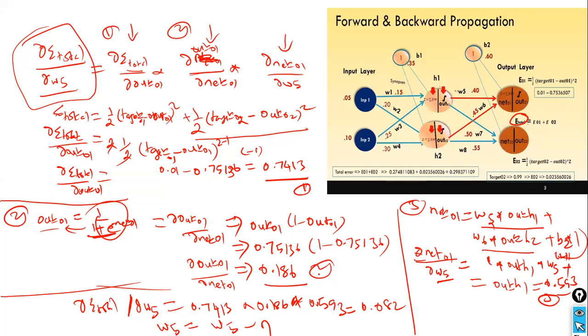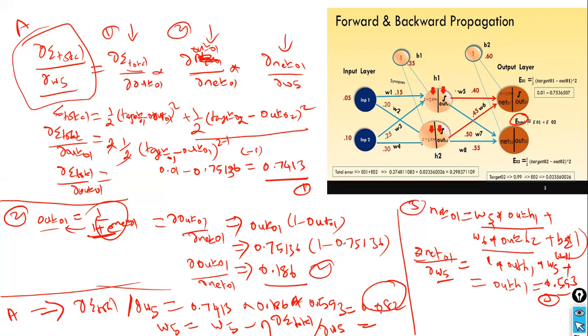Dou E total divided by dou W5. For this, we got this value, right? All these three things put together, I say this is A. We got the value for A as 0.082.